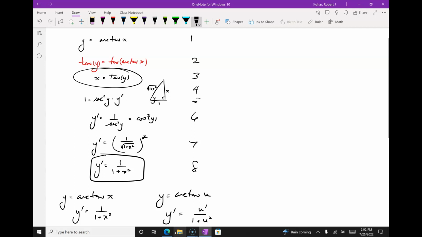Because we couldn't solve it for y. This one, we had it solved for y, but we don't know what to do. I don't know what to do with arctan, but I do know what to do with tangent. So I turned it into a tangent function. In 3.5, I couldn't solve for y, so I had to use implicit.